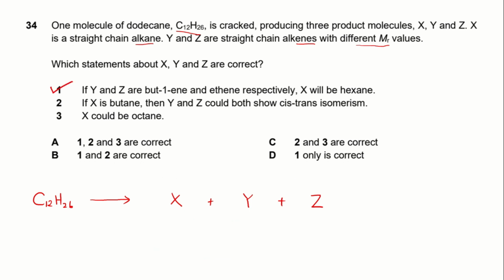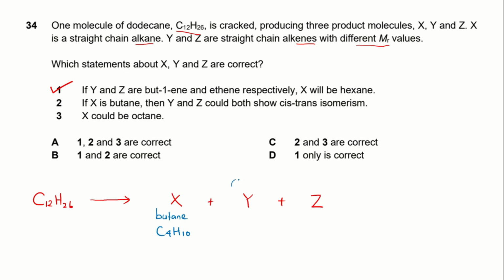Next is statement 2. If X is butane, then Y and Z could both show cis-trans isomerism. Before checking on the isomerism in Y and Z, we will find the possible identities of Y and Z first. X is butane, 4 carbon, 10 hydrogens.